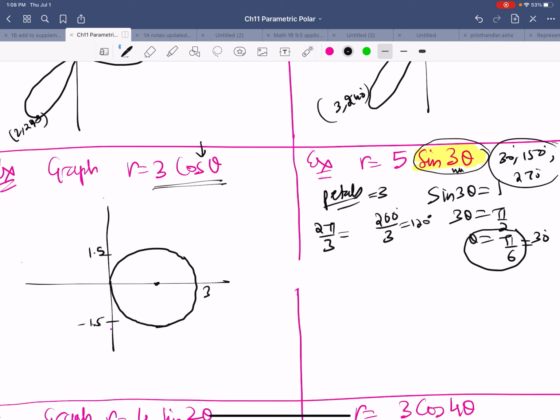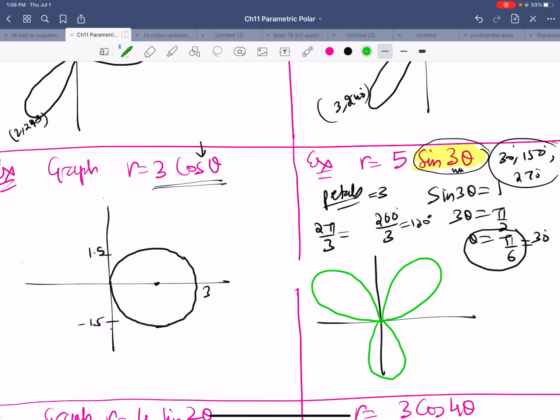That's going to be the location for my petals here. So I'm ready to plot this rose curve. I do have one along pi over 6. The second petal is along 150, and the third petal is along 270, the same length.